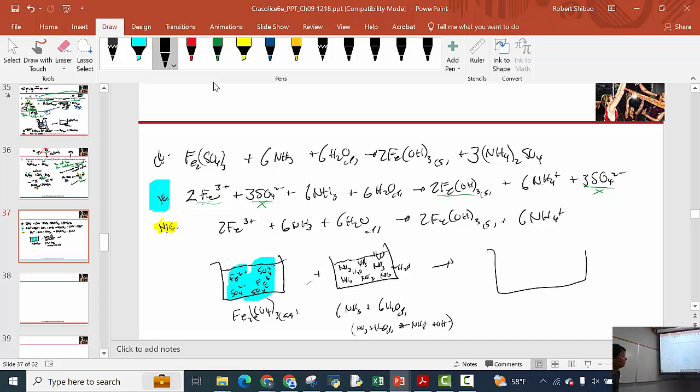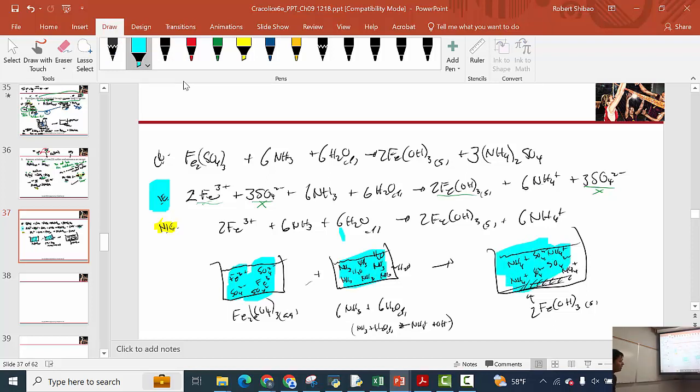Then this is going to form iron 3 hydroxide precipitate, which is eventually going to sink to the bottom, and ammonium sulfate. No, I didn't draw all of them in here.